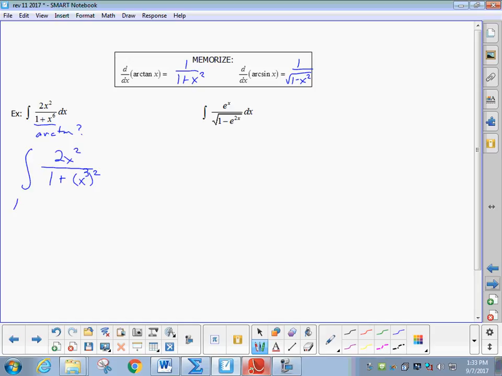I'm going to let u equal x cubed, and therefore du is 3x squared dx. Now, it's starting to look good, but I think you can see we have a little constant problem here. So what can I do to work out my constant problems? Multiply by 2/3? No, divide by 2.